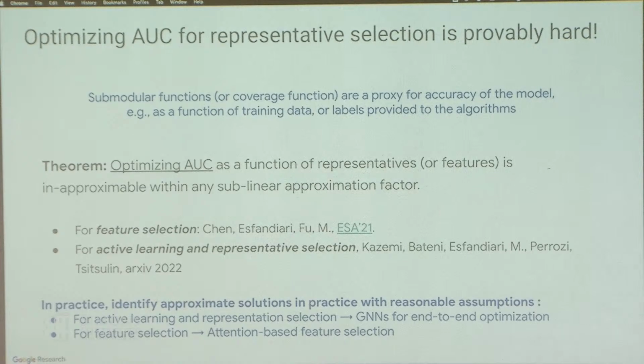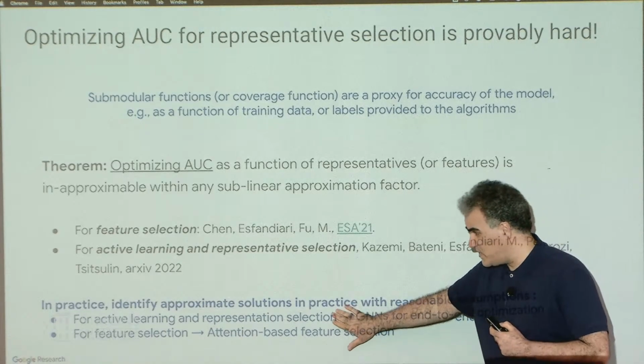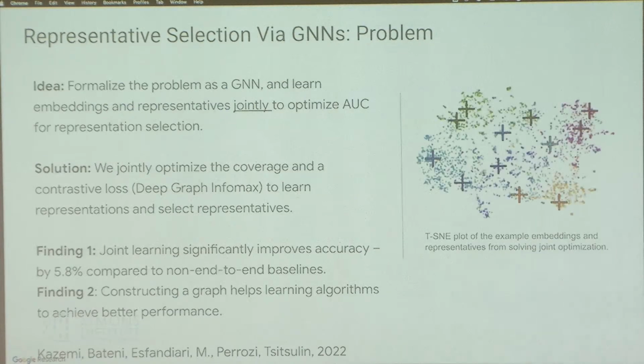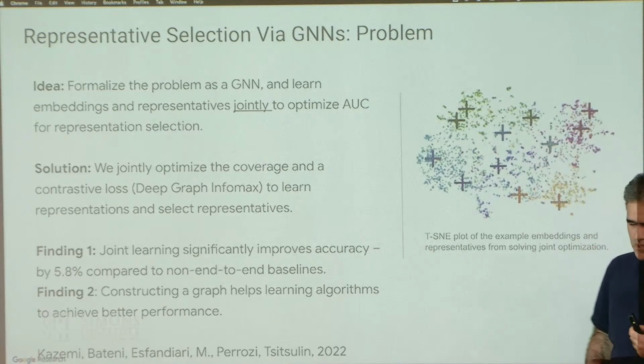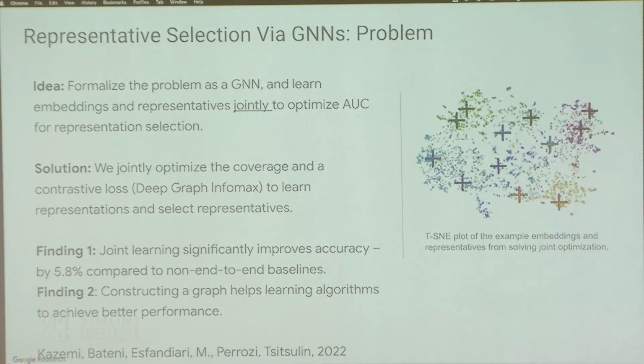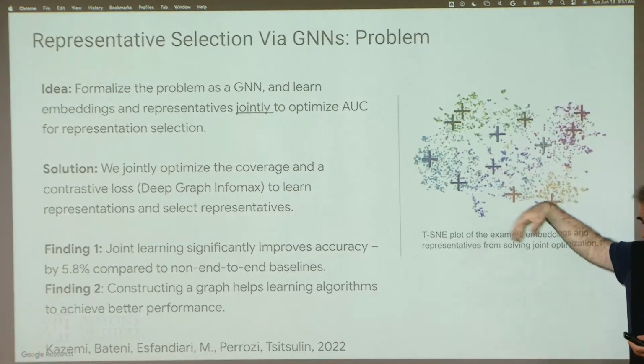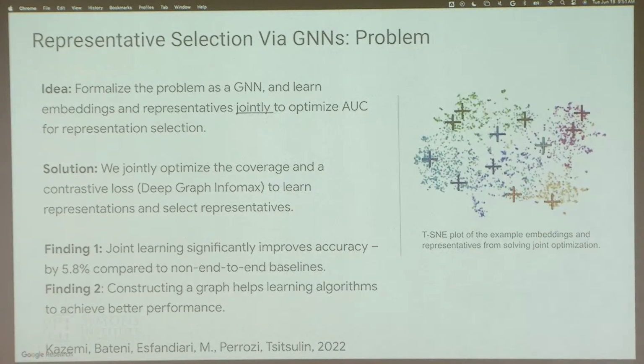There are some papers there, but I'm not convinced that we understand the reasons behind. And we know that submodularity does not hold at the very beginning. There is some supermodularity behavior at the beginning for both what I call representative selection and also feature selection. On the representative selection area, we looked at trying to solve the problem end-to-end using a graph neural network, which is completely an end-to-end heuristic to solve this problem that's not solvable with a good approximation.